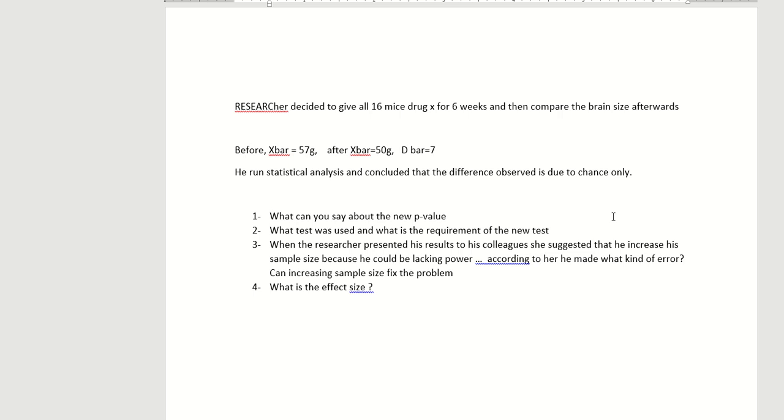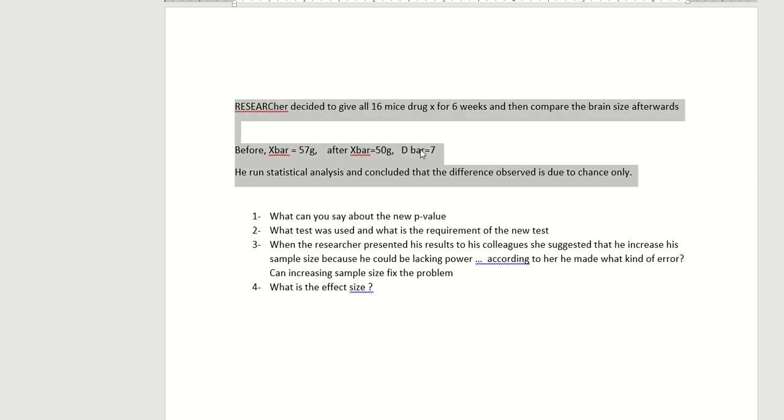So first of all, before we do anything, let's think about the scenario that we have over here. The researcher decides to give all 16 mice the drug, and then measures their brain size before and after. So you ask yourself, how many groups am I comparing? Well, it is the same mice, but you're looking at two conditions, the before condition and the after condition.